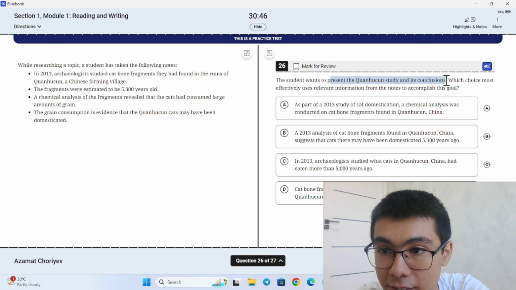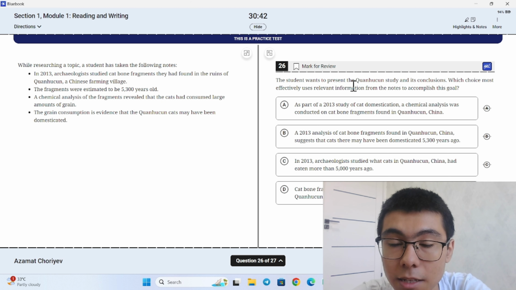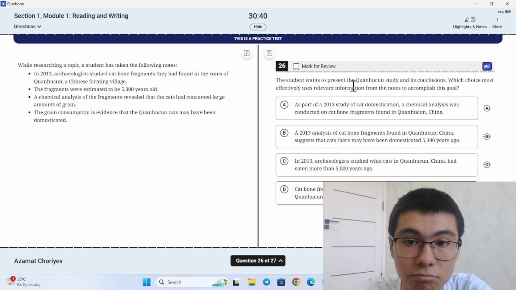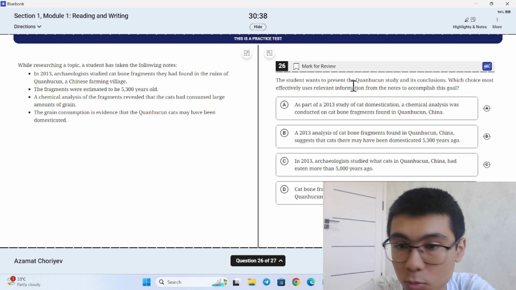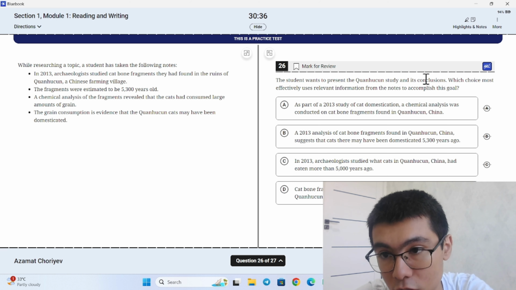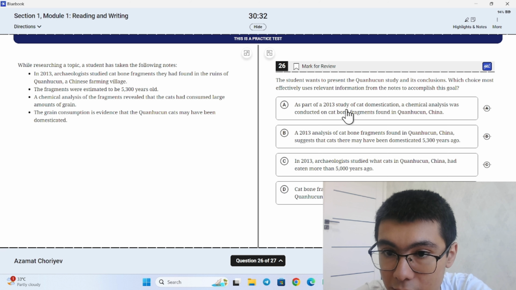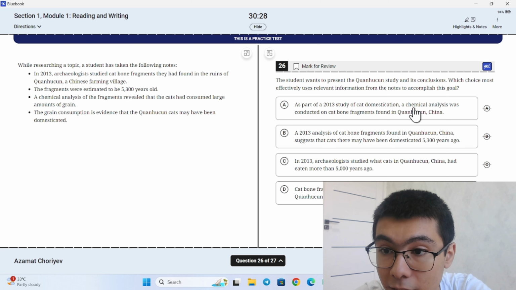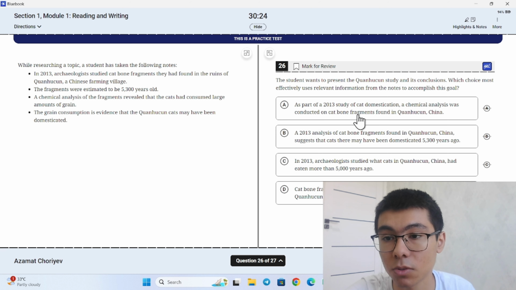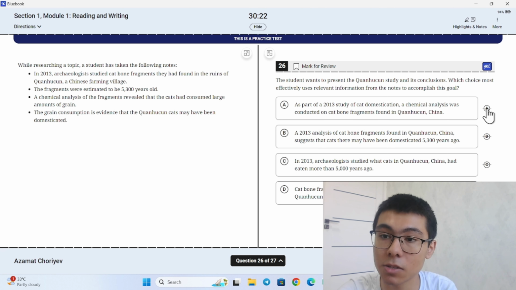Present the study and its conclusions. So you have to say the study, when it was, or what that study was about, and then the conclusions as well. Choice A, as part of a 2013 study of cat domestication, a chemical analysis was conducted on cat bone fragments found. Okay, there is nothing about conclusions.